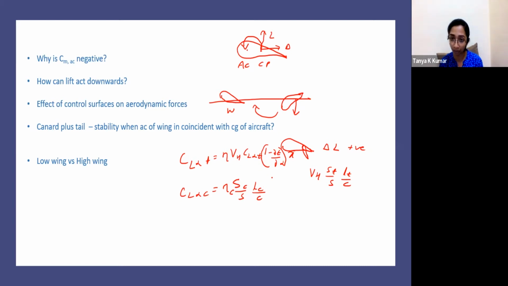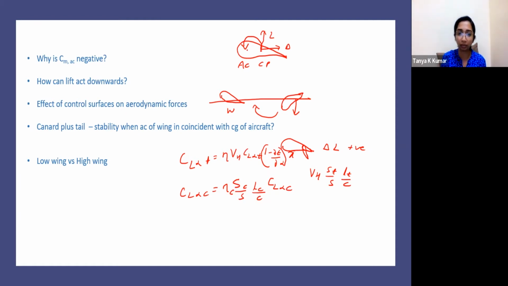But due to the effect of the downwash on the tail, even if all the other aerodynamic and geometric parameters are the same, this term will have the component 1 minus dou epsilon by dou alpha due to downwash. So it will not cancel out, and the effect of the canard will be more as compared to the tail. And the canard, by virtue of being located ahead of the CG, has a destabilizing effect.